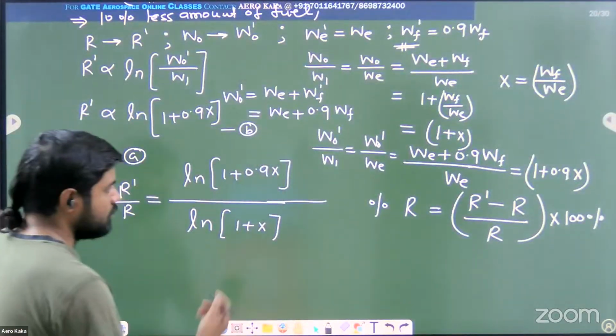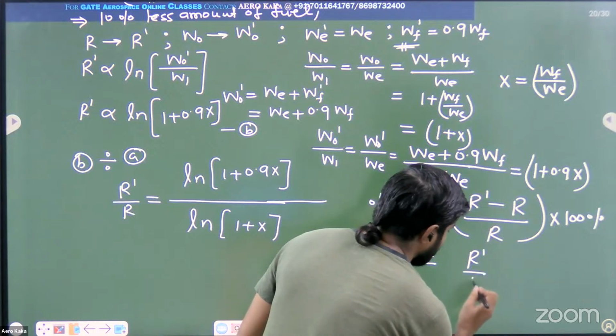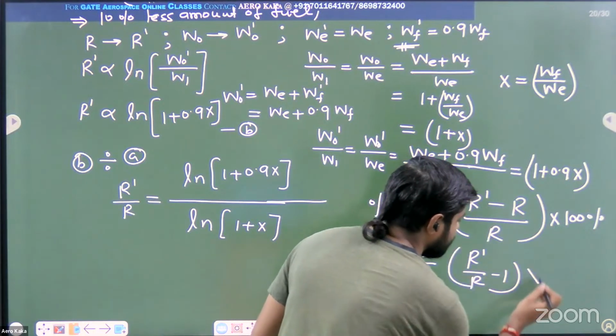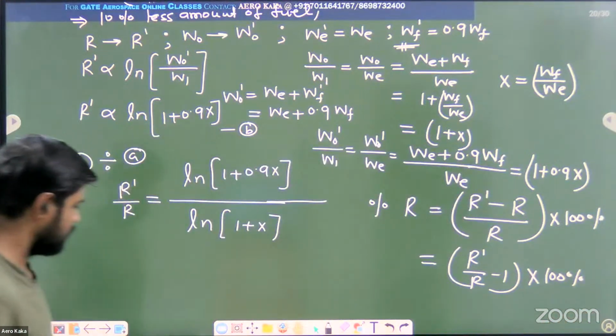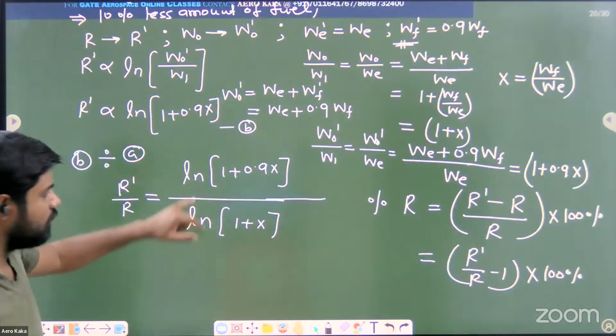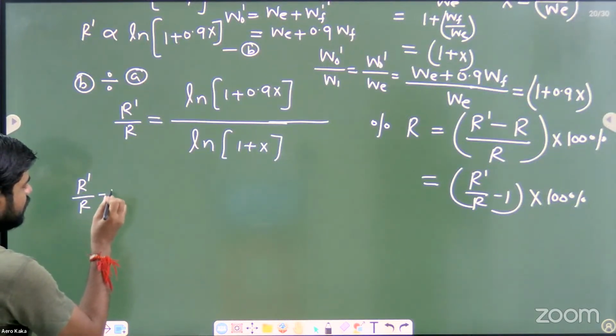Okay. So again, what you can write? R prime upon R minus 1 into 100%. Clear? Just calculate the value of R prime upon R minus 1.